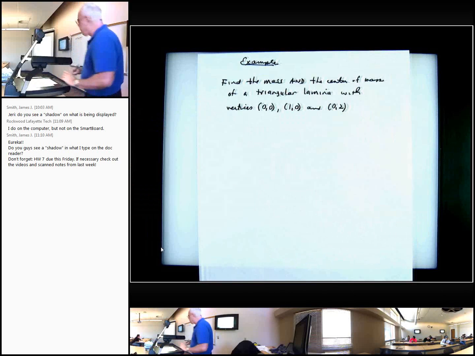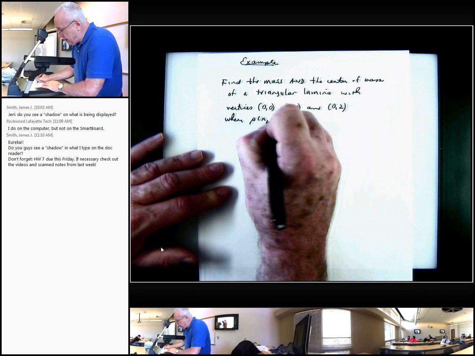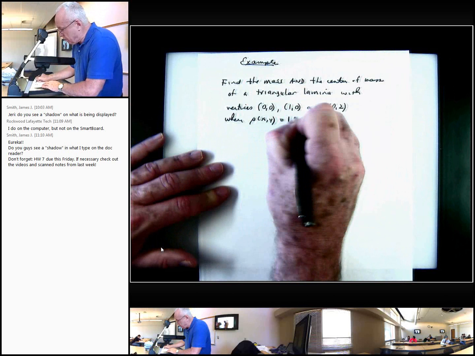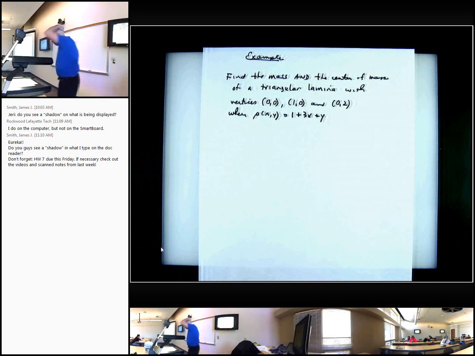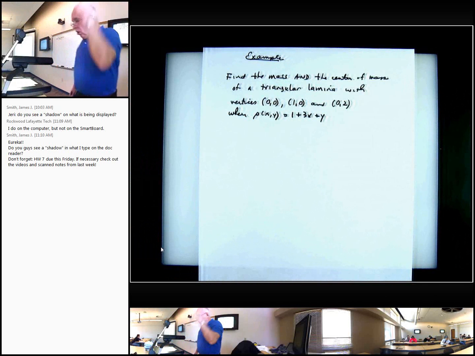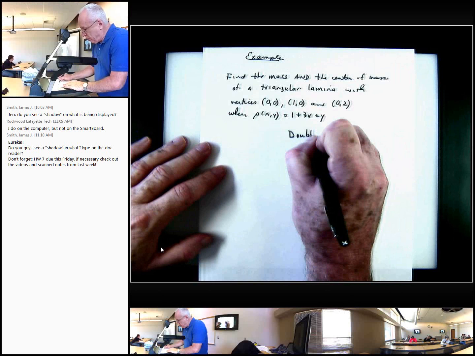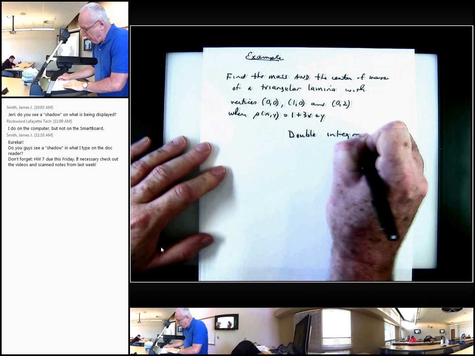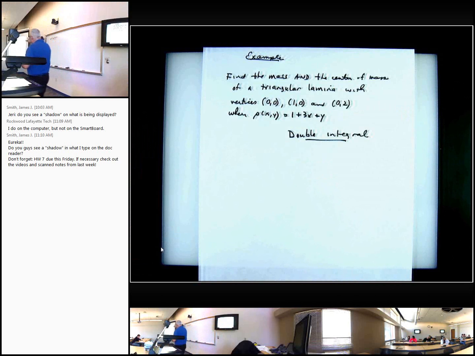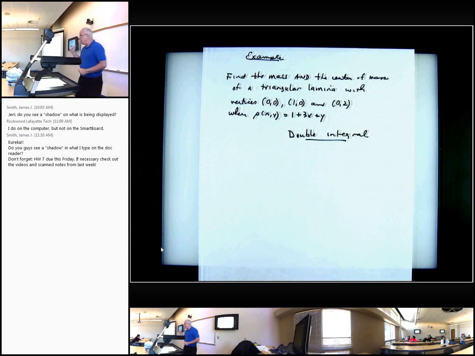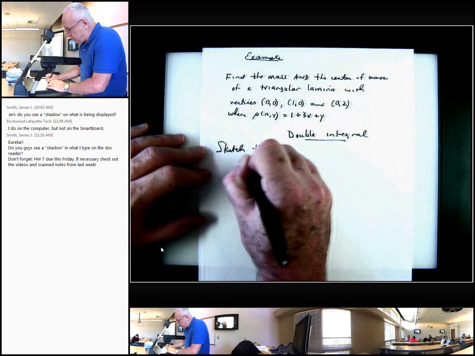We also need the formula for the density, where rho of x,y is equal to 1 plus 3x plus y. All right. Now, we're going to get a double integral here. Let's make a sketch of this triangular region. Sketch the triangular region.